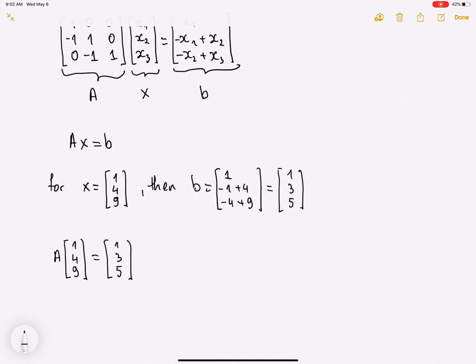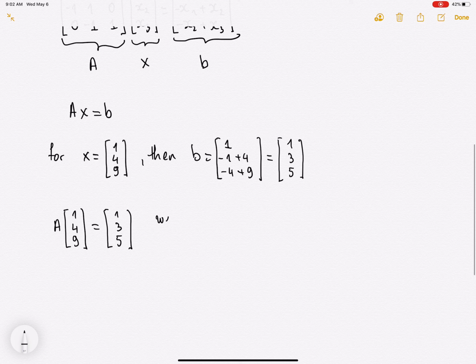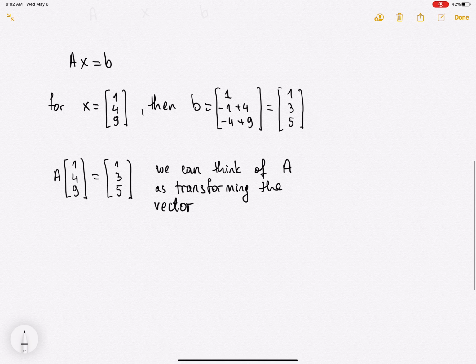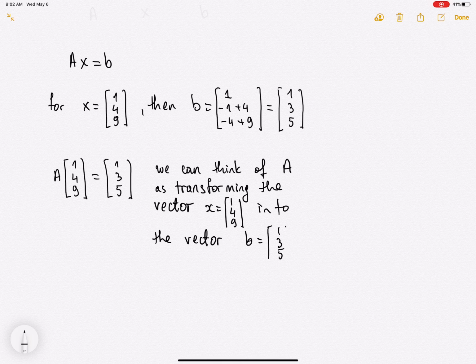That means that we can think of A as transforming the vector x equal to 1, 4, 9 into the vector b equal to 1, 3, 5.